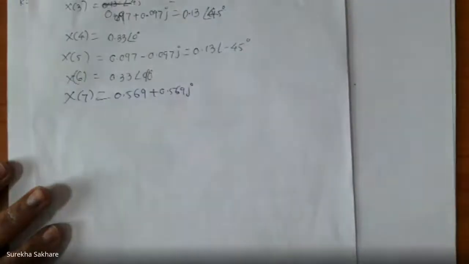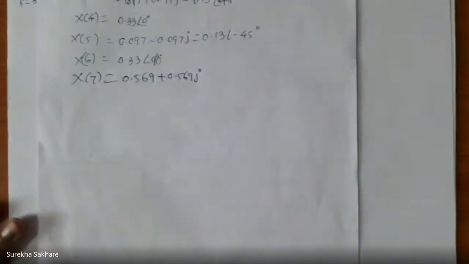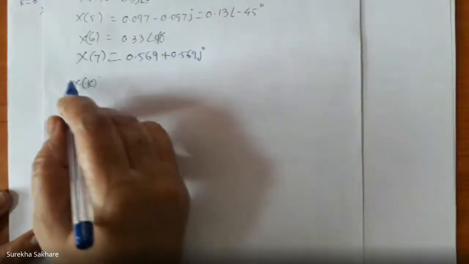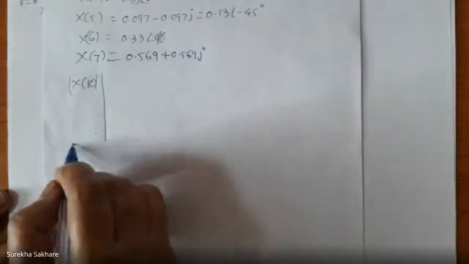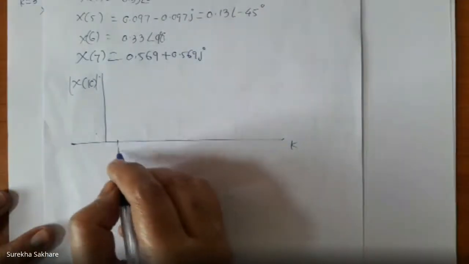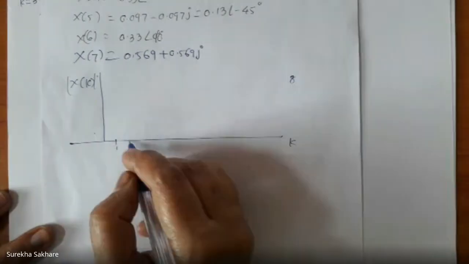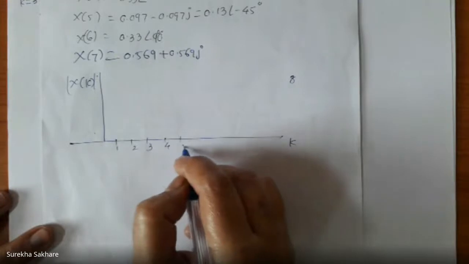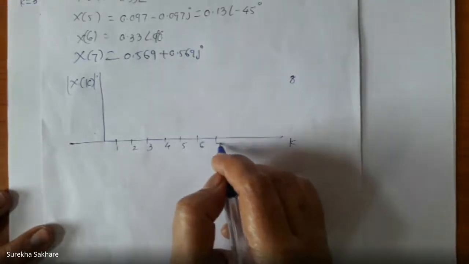Now to plot this, again you have to go for the x of k magnitude spectrum. It's going to be like this. K values: this one we have 8 order, is it not? So it's going to be 1, 2, 3, 4, 5, 6, 7, 8. So to plot, you have x0 value.